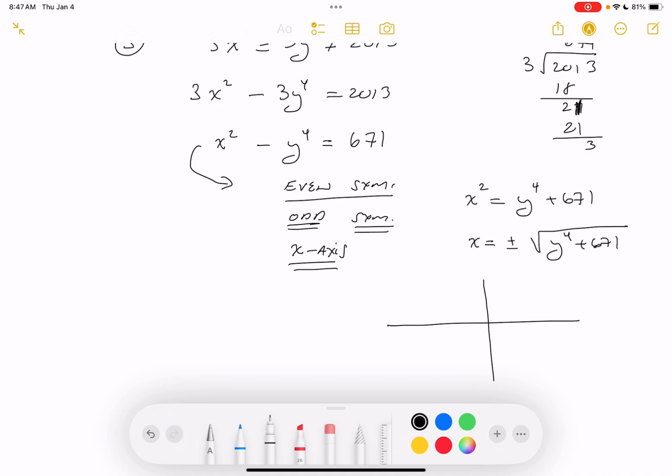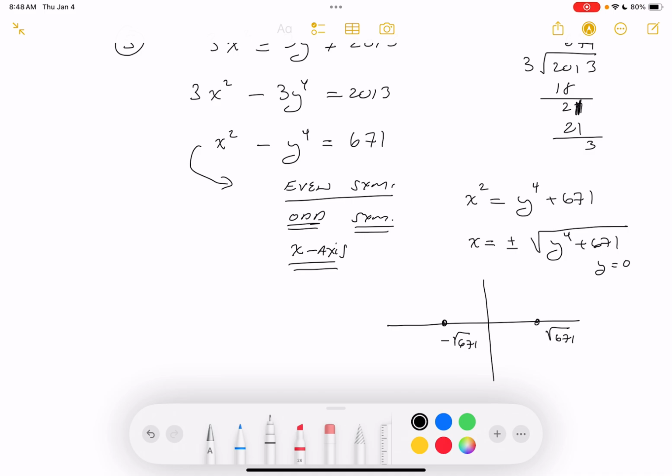If you get rid of the y, just set it equal to 0, you get the root of 671, plus or minus. Again, I know it's symmetric. This is the square root of 671. This is minus the root of 671.